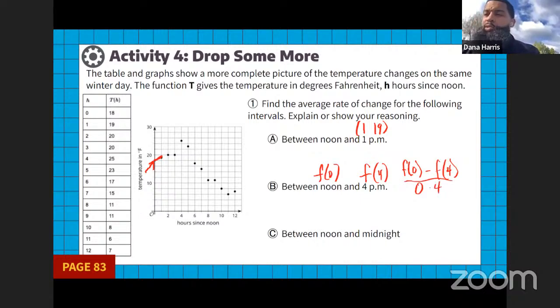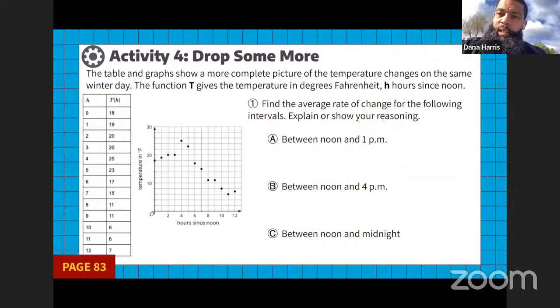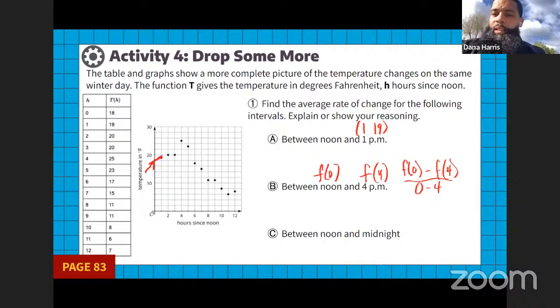So what was the temperature at noon? Well, we see on the graph that the temperature at noon was still 18 degrees. That's this point right here, okay? I don't know why it erased everything that I had. I just wanted to erase this part, okay? So here, f of 0 at noon, the temperature is 18 degrees. So we're going to say 18 minus, now what is the temperature after 4 hours? Way up here, this point. So that looks like 25 degrees, okay?